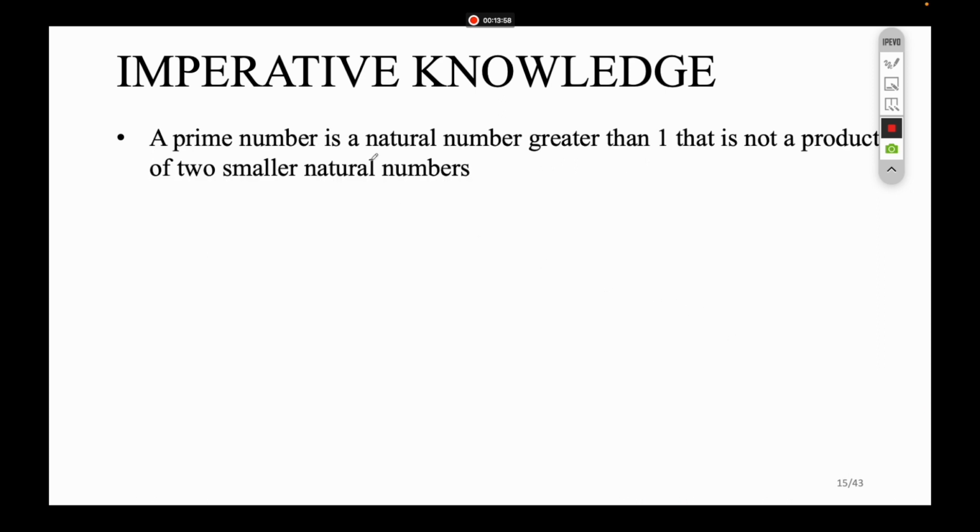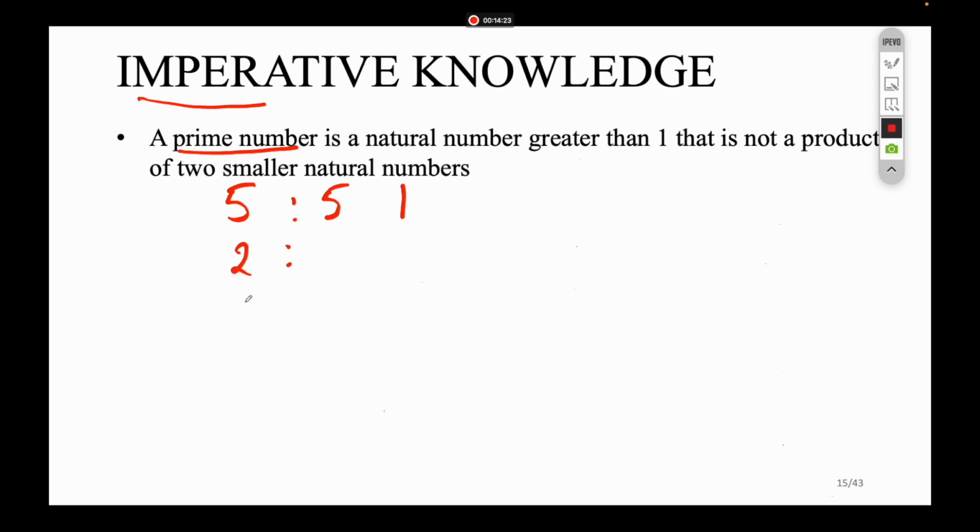All right, so we're going to move to another example about imperative knowledge, but now we're going to work with prime numbers. So what does prime number mean? For example, you have number 5. It's a prime number because it's only divisible by number 1 and itself.